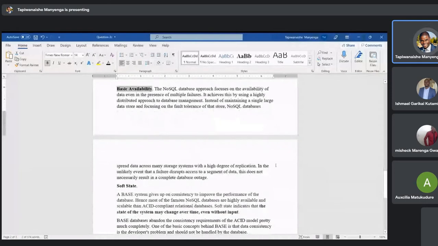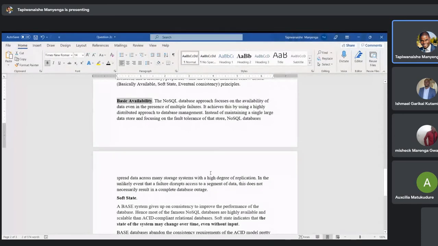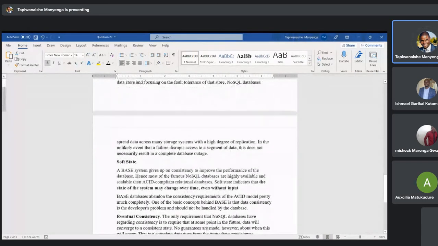So in the unlikely event that a failure disrupts access to a segment of data, this does not necessarily result in a complete database outage. So let's say, unlike my relational database, which looks like one server, when that server goes down or the hardware goes down, then that's it. We no longer have a database to talk about. But in a distributed database, in my NoSQL database, it will be distributed.